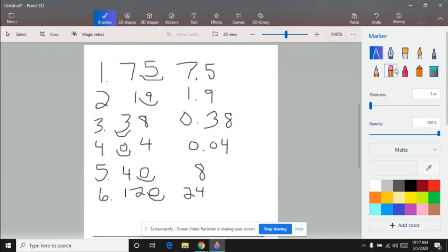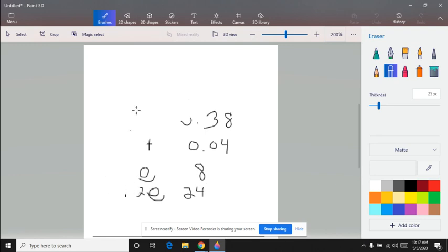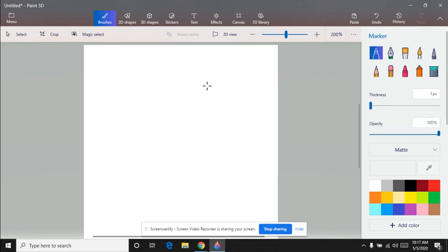Okay, let me erase and get a little room up here. Now we're going to get some trickier numbers, but it's still going to be just finding the 10% and doubling it. This is what I do every time we go out to restaurants. Just find 10% and double it. Once you get it down, it's so easy to do. So number 7, you have 26. 10% of it is 2.6.